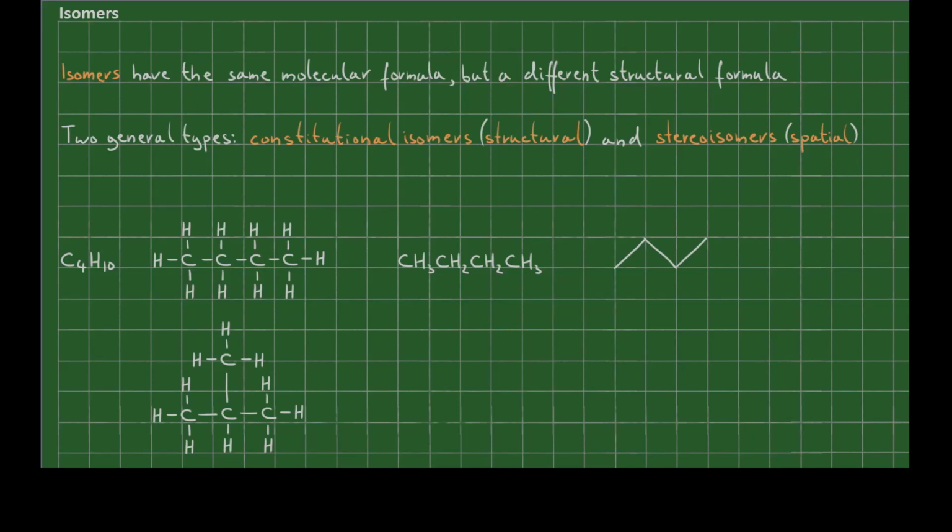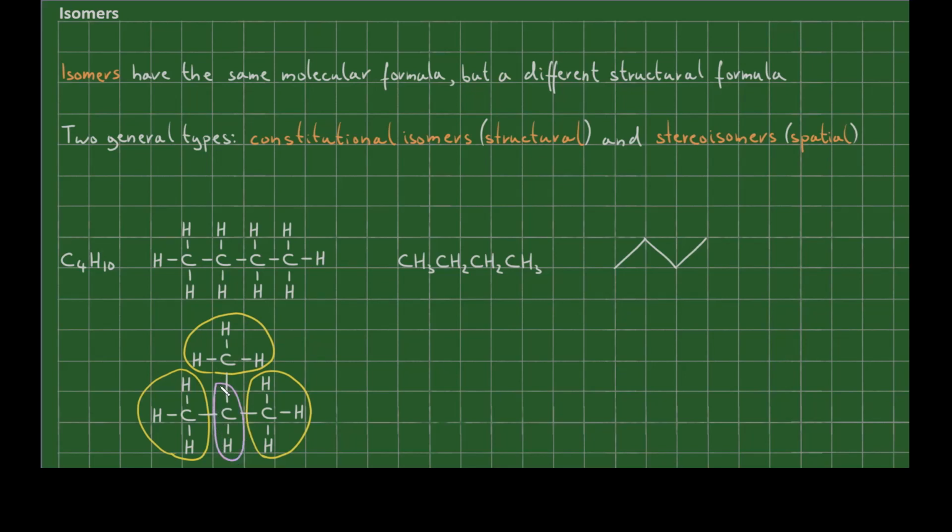What would the condensed structural formula of this compound look like? Let me divide it into carbon groups as I have done before. I have a methyl group here at the start, I have a methyl group here at the end if you like, and also a methyl group at the top. This leaves me with this carbon group in the middle.